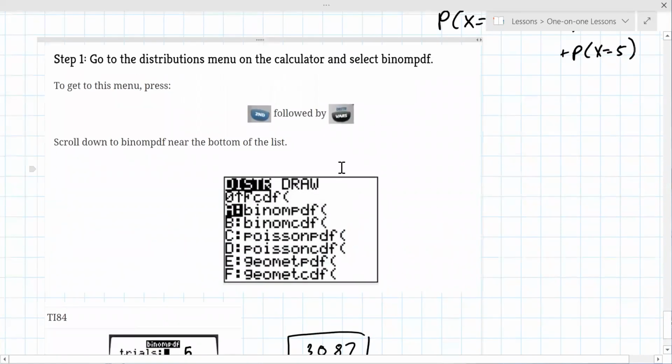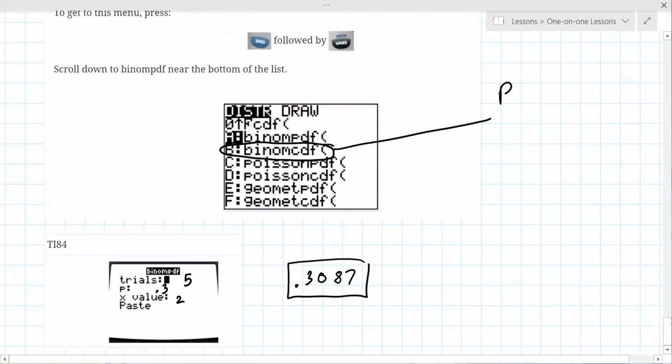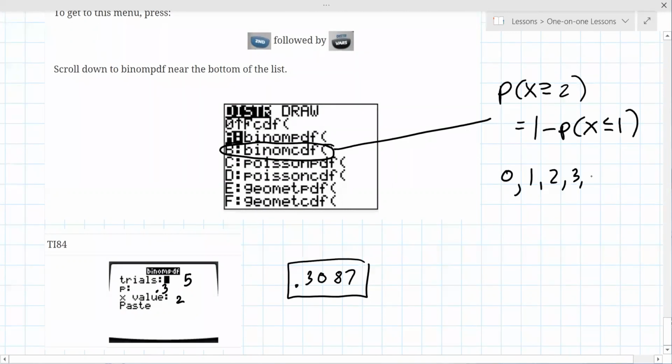The other way to do it is to use this Binom Cdf. It's the same thing, but there's a little bit more work involved, because you have to understand that the probability that x is greater than or equal to 2 is equal to 1 minus the probability that x is less than or equal to 1. Let me try to explain that. 0, 1, 2, 3, 4, and 5.